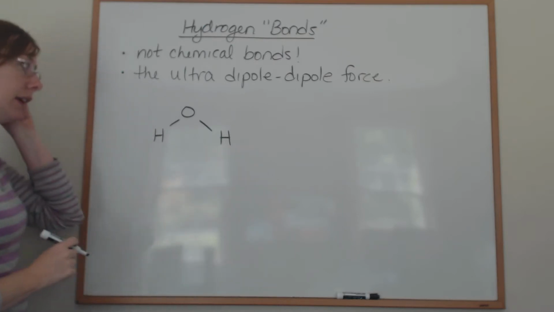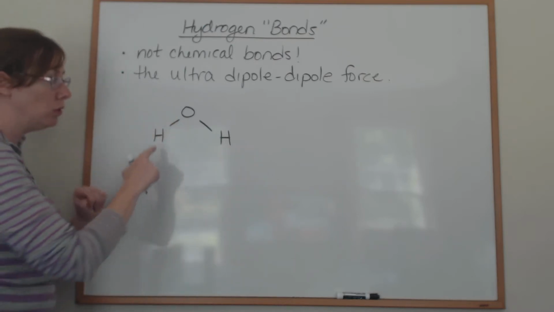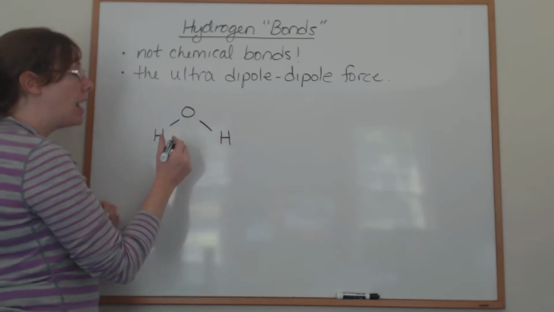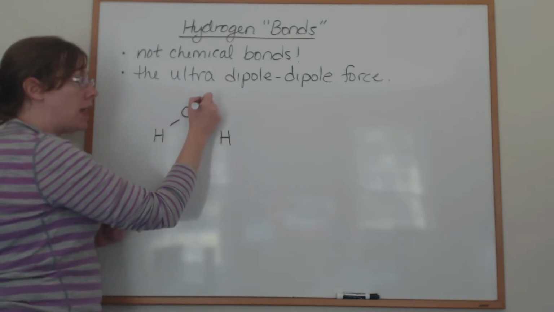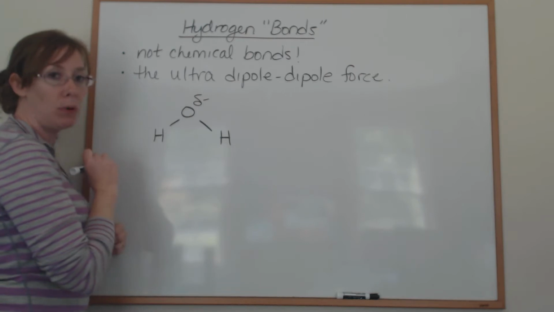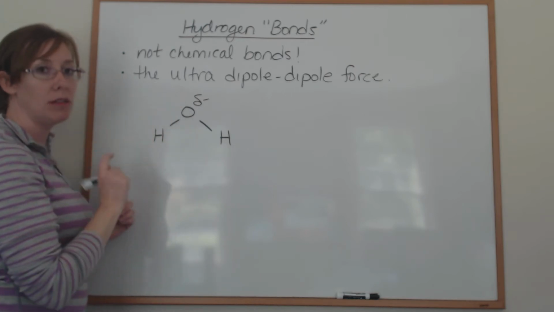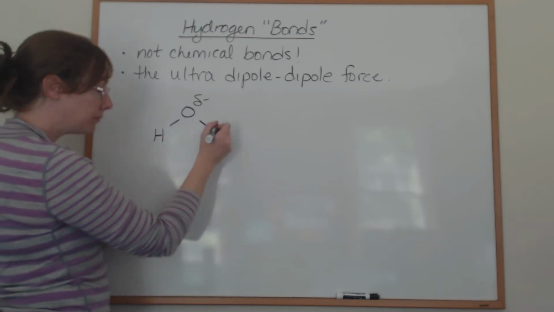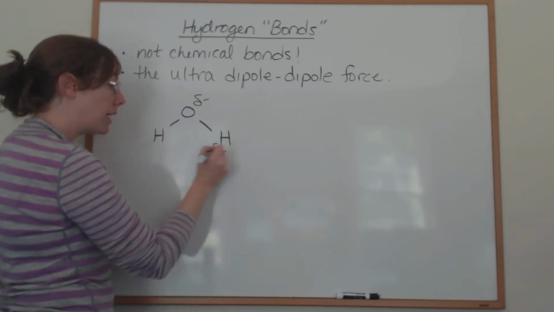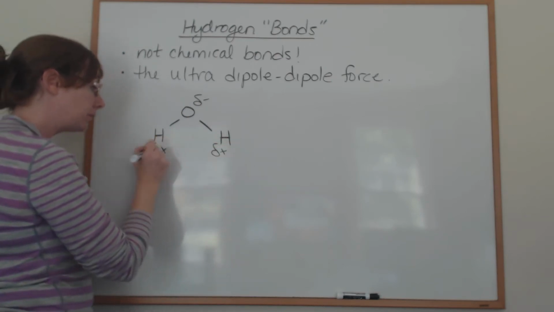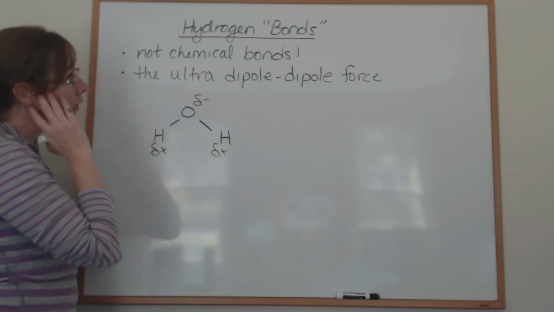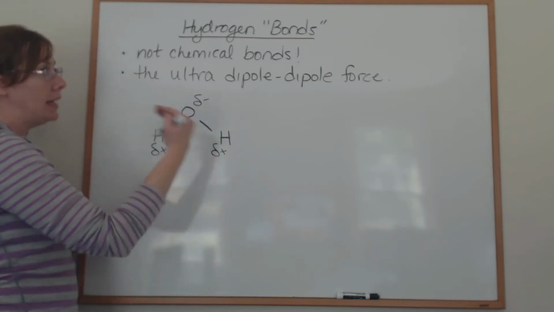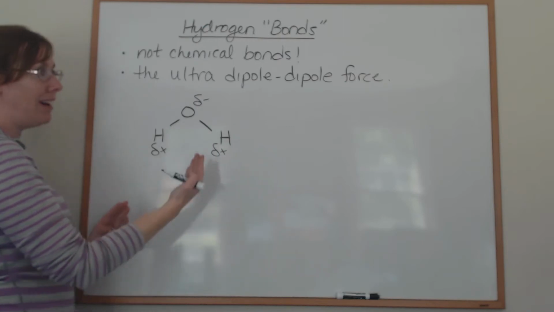So we're going to get into this here. Here's one water molecule. Remember, it has a bent shape. And it does have a dipole where the partial negative is up near the oxygen because of the electronegativity of the oxygen. And hydrogen would have a partial positive, and so would this one. Remember, there are always neighboring water molecules.